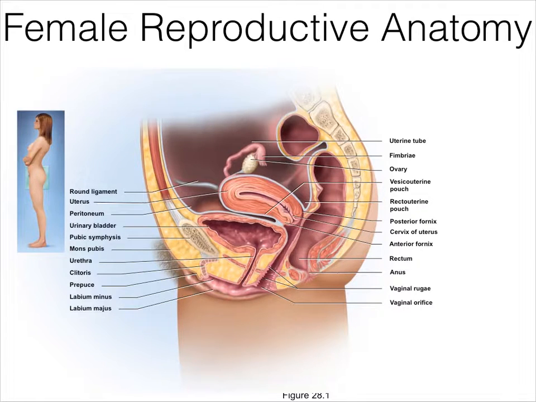The ovary is connected to the uterus by this little piece of connective tissue right here, and very peripherally close to the ovary is the fallopian or uterine tube. Each ovary has a uterine tube that is connected to it.